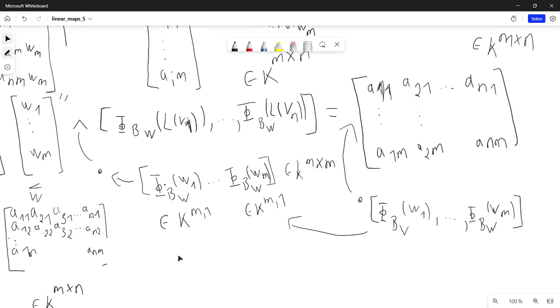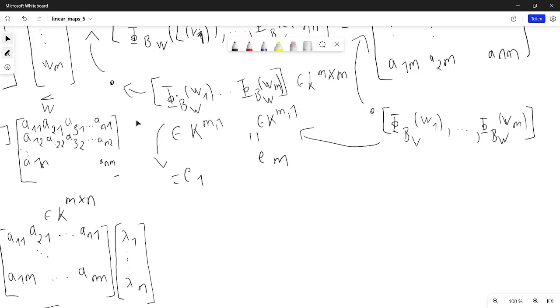But what is this? Well, we have had that before. This is e_1 and this is e_m, which means that this matrix is nothing else but the unity matrix.